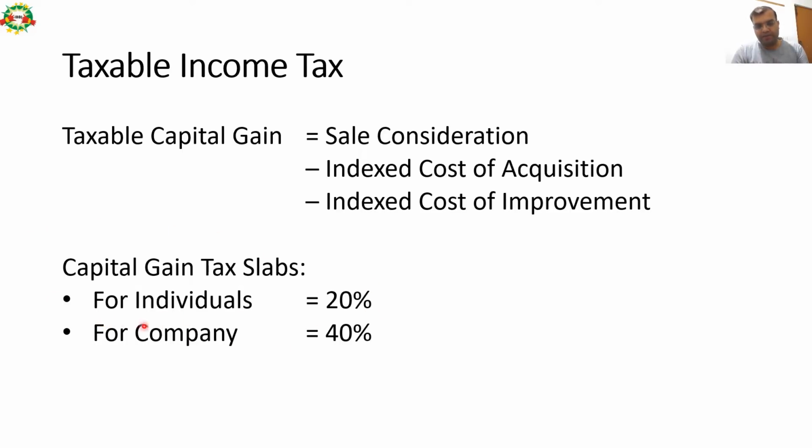If the buyer or seller of the property is not an individual but a company, then the applicable capital gain tax on the taxable gain amount is 40%. 40% of the taxable gain amount has to be paid by the company to the Government of India in the form of capital gain tax. So these are the four main slides based on which you can crack any numerical or case study which may come up to 12 marks in the IBBI exam.